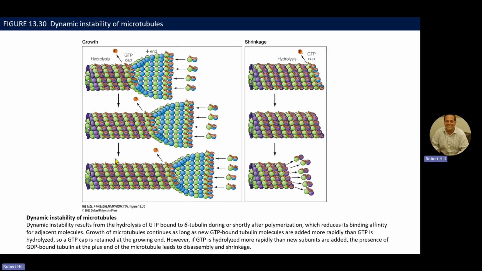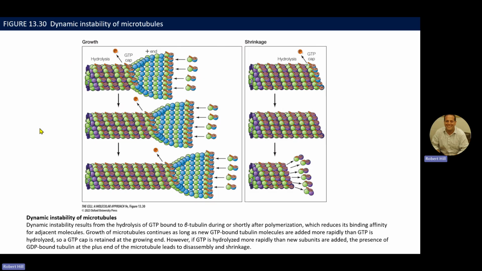I don't really particularly like this figure very much. I think it's overcomplicated, but you can see during growth, it's growing here at the plus end, GTP bound to these tubulin dimers, right? And it's producing a cap here, but if that cap is removed, it's destabilized. Okay. All right, so now that is microtubules in a nutshell.